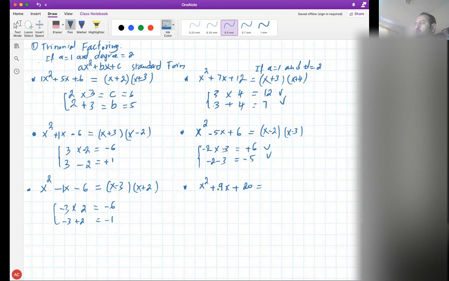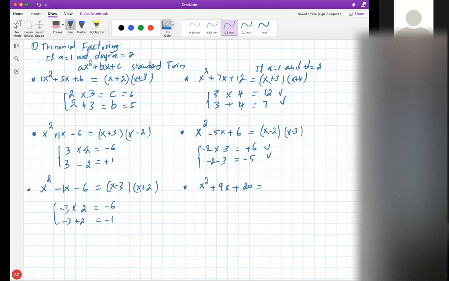Can we use trinomial factoring here based on this? Are the two conditions to use trinomial factoring met in this? In other words, do we have this in this trinomial? Is A 1 and is the degree 2 in this trinomial? The numbers 4 and 5.